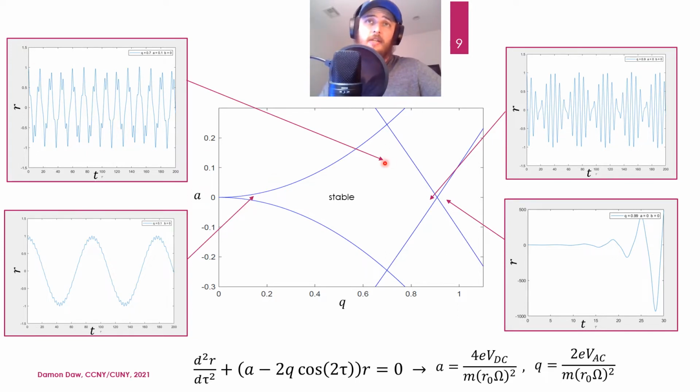The trajectories don't all look the same. For example, if you take a spot up here in the parameter space, you'll have a 1D projection of, say, your X motion that looks like this. If you get very close to the origin, you get some nicer sinusoidal looking stuff, but still you can see the small amplitude micro motion over the top of it.